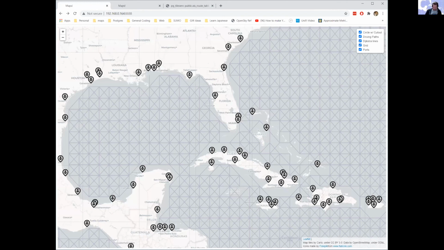So I'll find the point that I have, find the closest edge to it, and then I'll do, and someone else will have to help me here because I can't remember the specific PostGIS queries, ST_ClosestPoint, I think that's it, which will give me the closest point on that edge.